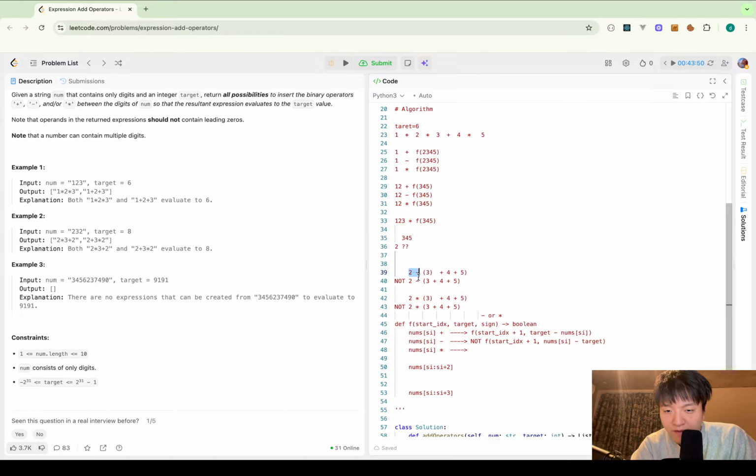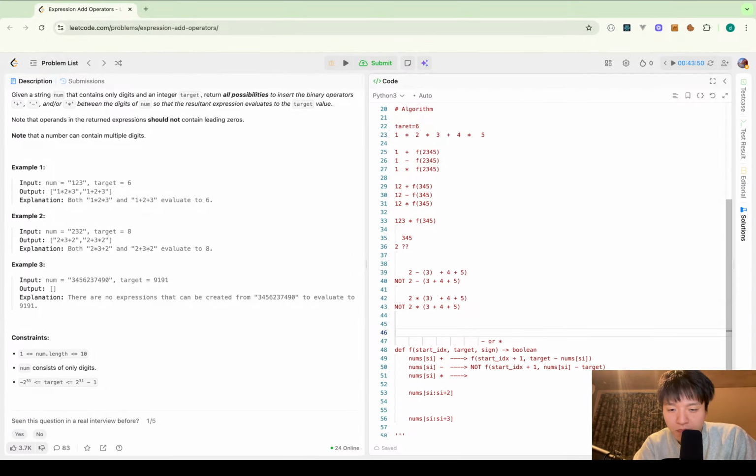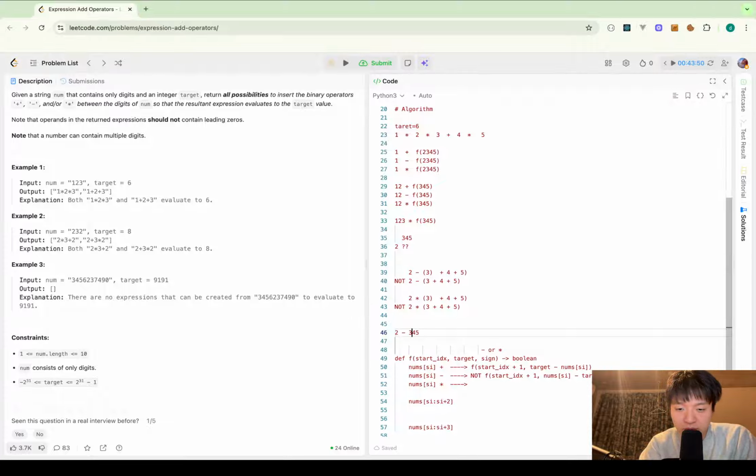If I take minus here, what happens later? Let's say if I take minus and I have 4, 5. There is a possibility that I do this. Yeah, in this way.